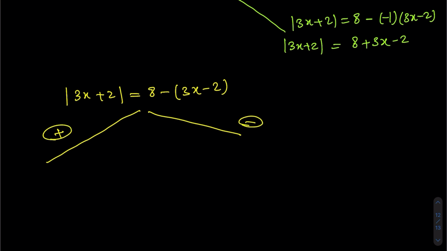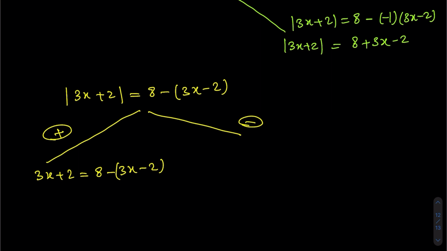So the positive one will be 3x plus 2, if you take it positive, is equal to 8 minus 3x minus 2.